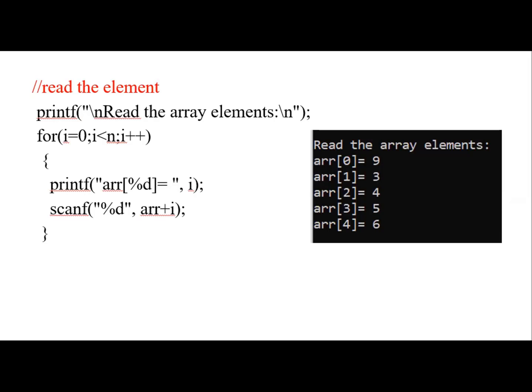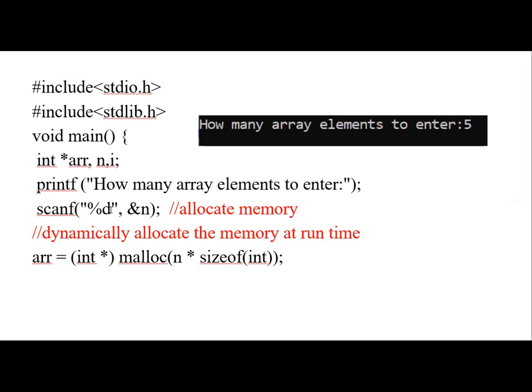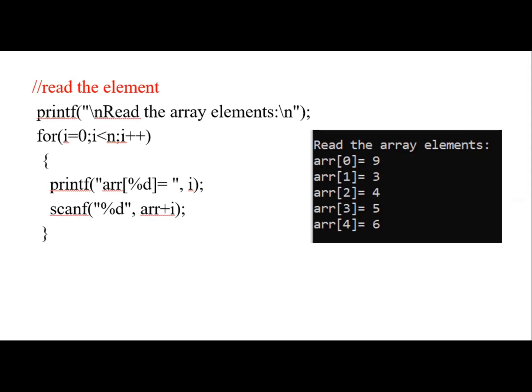So we have asked the user, we have allocated the memory dynamically during runtime. Then based on this memory, we have entered the array elements to the array defined, that is ARR, right?